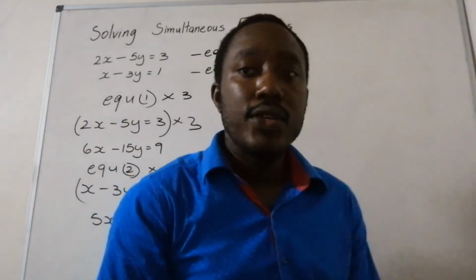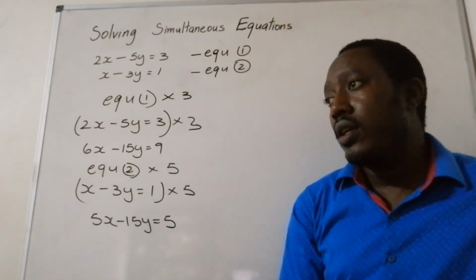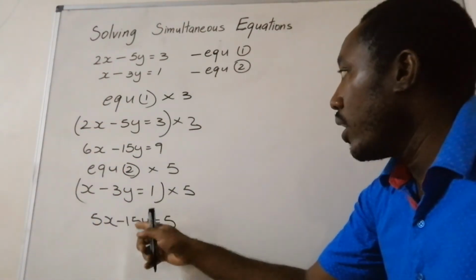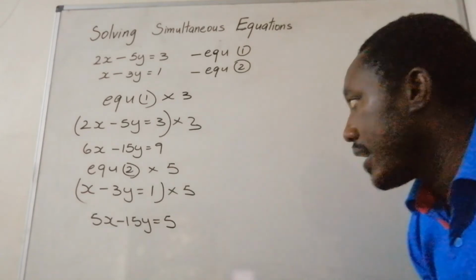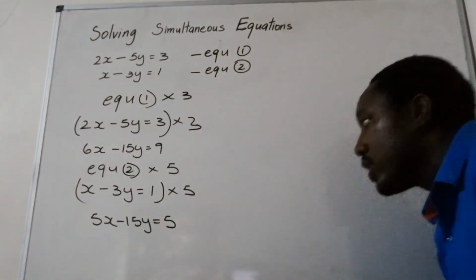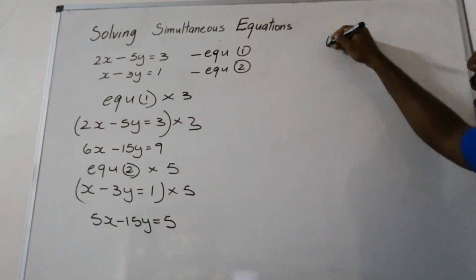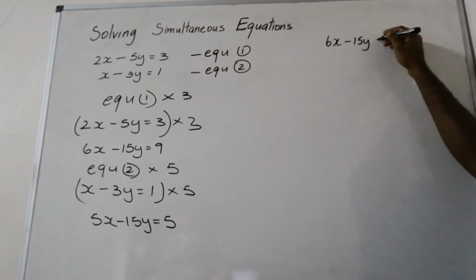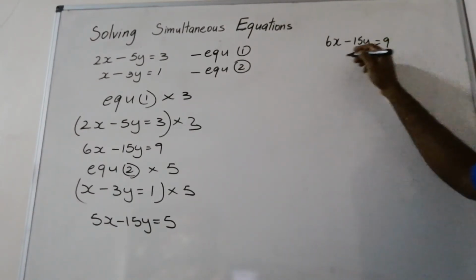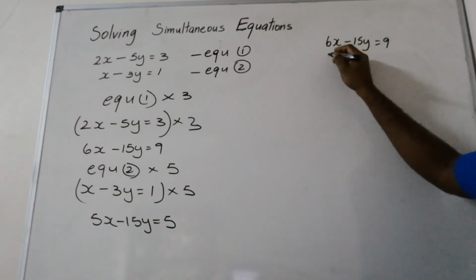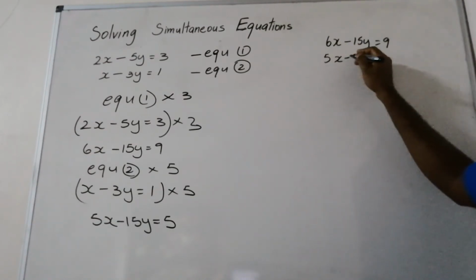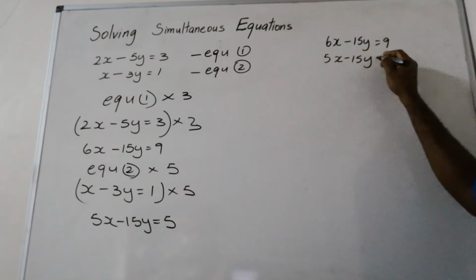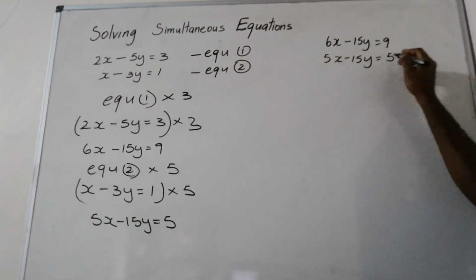Now, since our coefficients are the same, we will have 6x minus 15y is equal to 9, and 5x minus 15y is equal to 5.